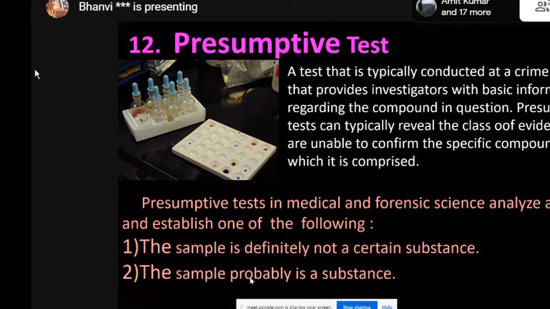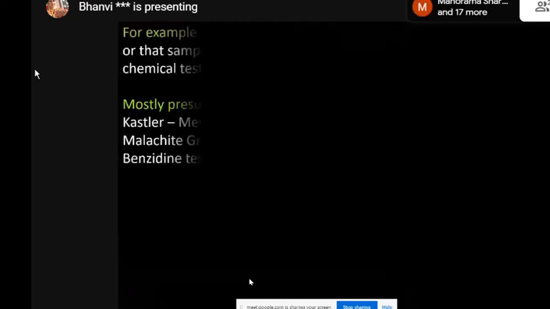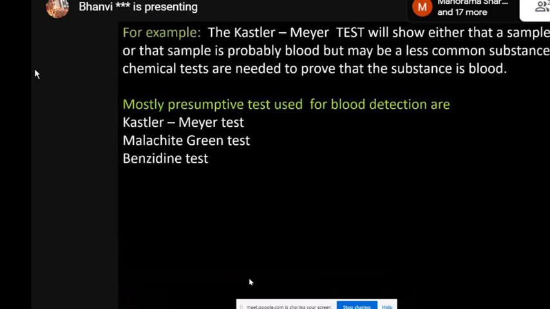The sample is definitely not a certain substance. The sample probably is a substance. So we have done presumptive test for what? To know that the sample is definitely not a certain substance, or the sample probably is a substance. If you are not getting it still, I will explain it later again.